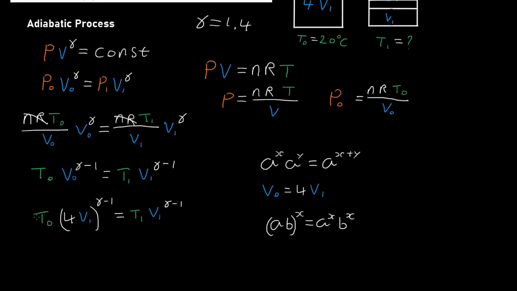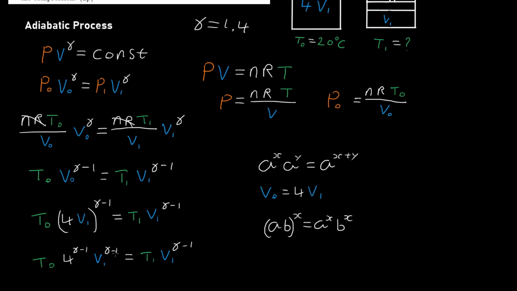So we can then rewrite that as T naught, then we have our 4 to the gamma minus 1 and V1 to the gamma minus 1. And the right hand side stays the same, T1 V1 to the gamma minus 1. And now that we have a V1 to the gamma minus 1 on both sides, we can just divide both sides by that, they cancel.